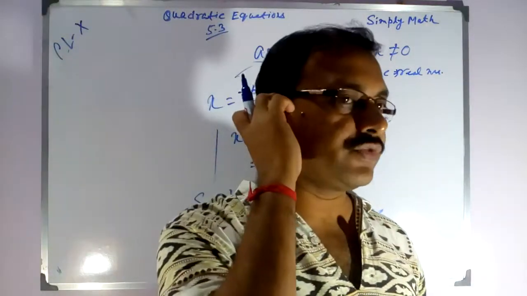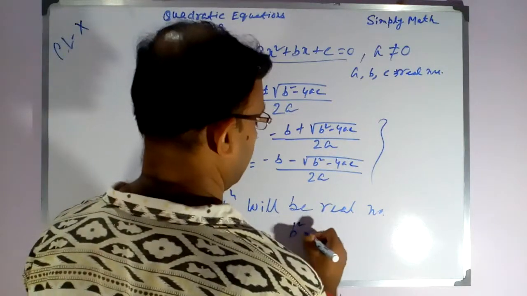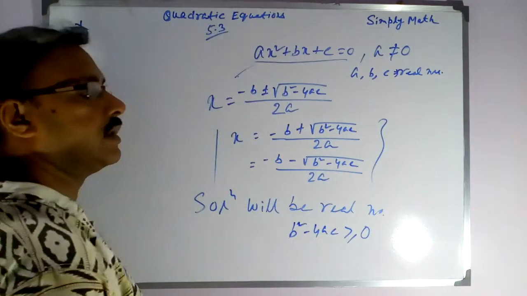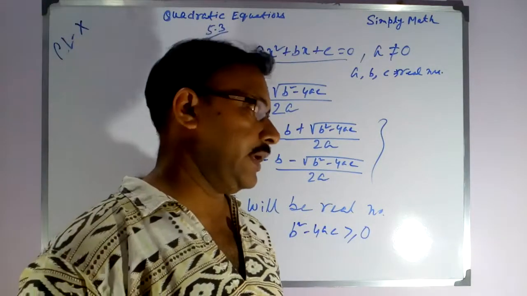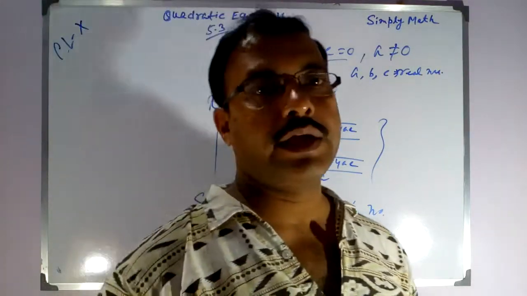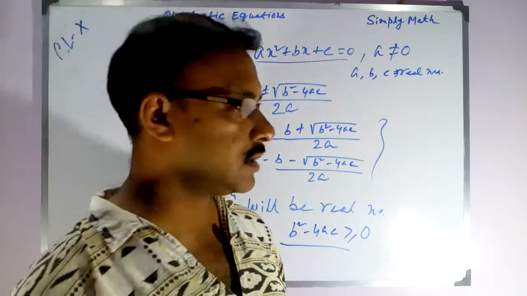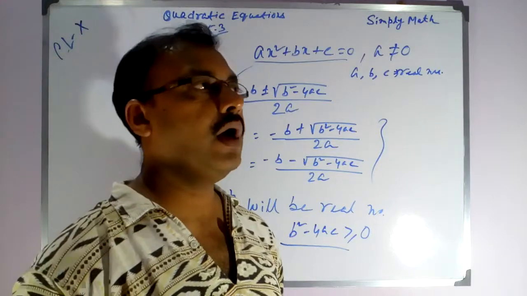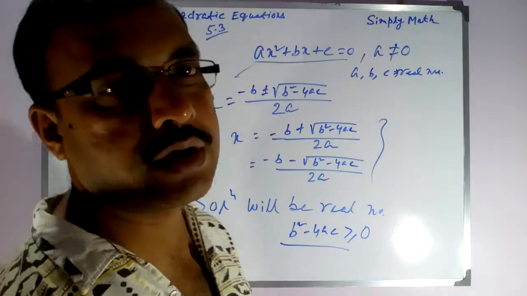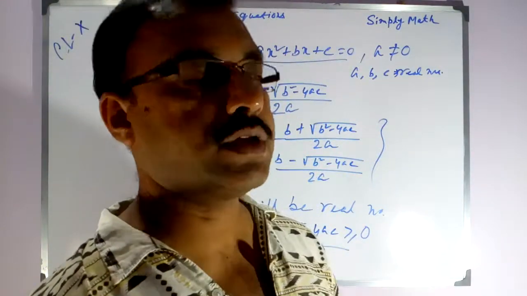We will get two real number solutions if b square minus 4ac is greater than or equal to 0. If b square minus 4ac is less than 0, then we will not get any real number solution.